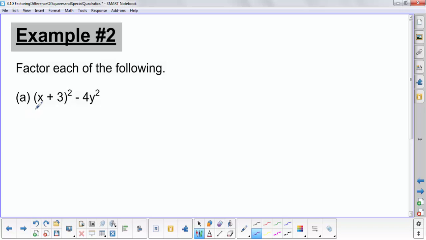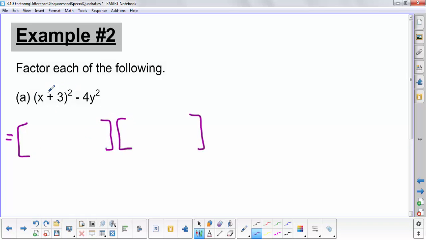So in this question here, we have x plus 3 all squared minus 4y squared. So we go through the motions. I cannot common factor. I count the terms, and I see that there are two terms, something squared minus something else squared. Everything is a perfect square, so we're going to treat this like a difference of squares. So I'll show you the direct method. We are going to open up two sets of brackets.